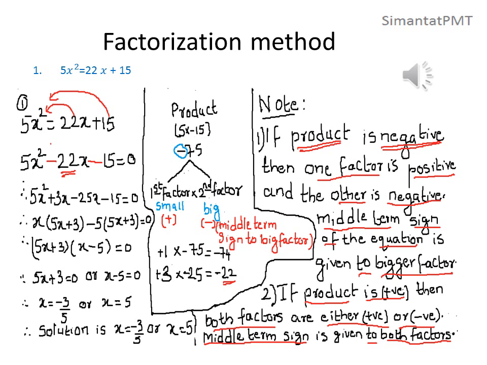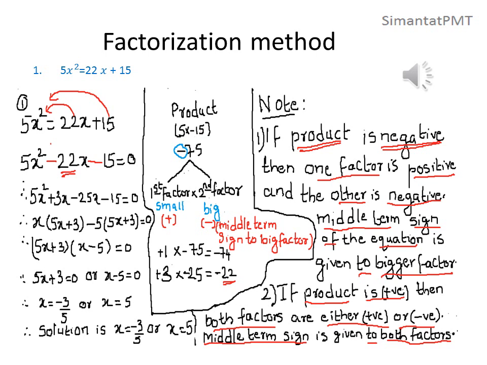So the other factor becomes x minus 5 equal to 0. By applying product rules, we get 5x plus 3 equal to 0 or x minus 5 equal to 0. So we get x equal to minus 3 upon 5 or x equal to 5. So solution is x equal to minus 3 upon 5 or x equal to 5.